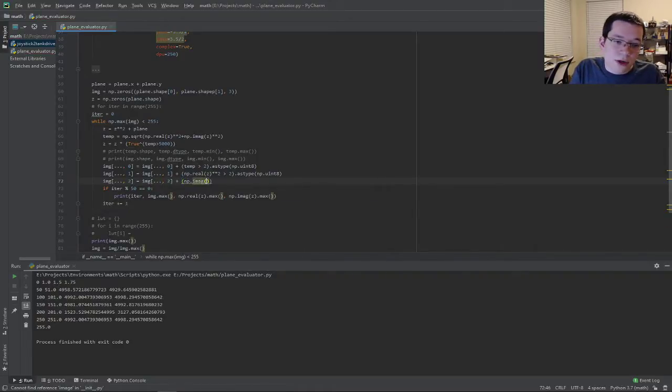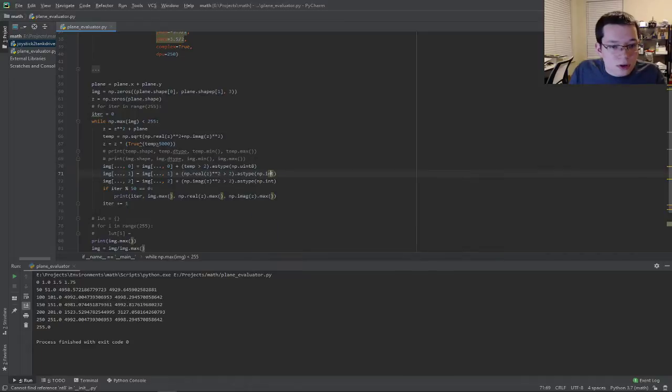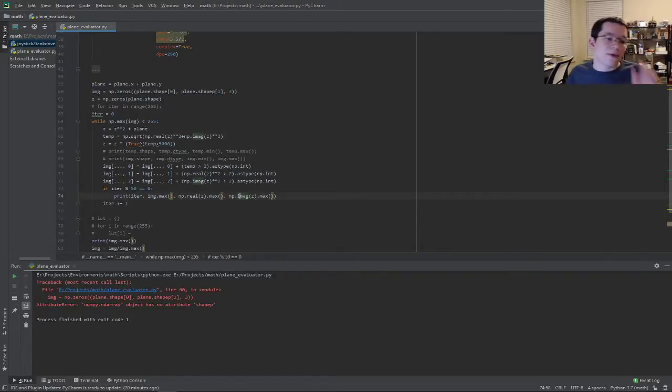The imaginary part of z squared greater than 2 .astype. And I should not. Yes, I should. astype np.int. Doesn't have to be a uint8 anymore. Let's just see what happens.